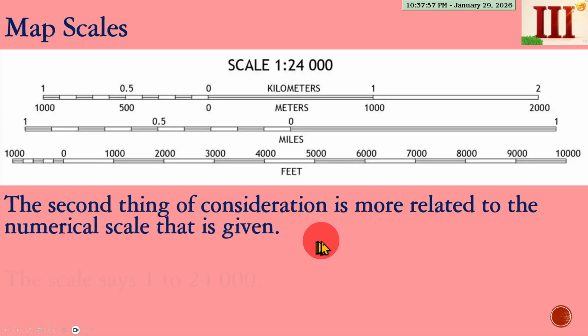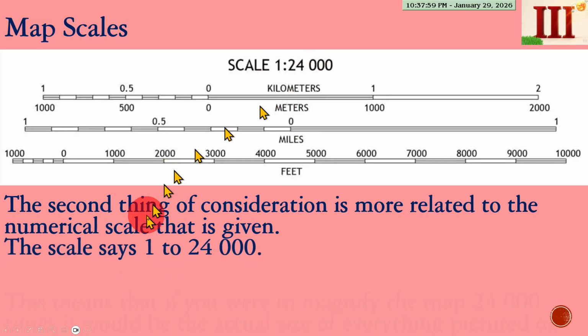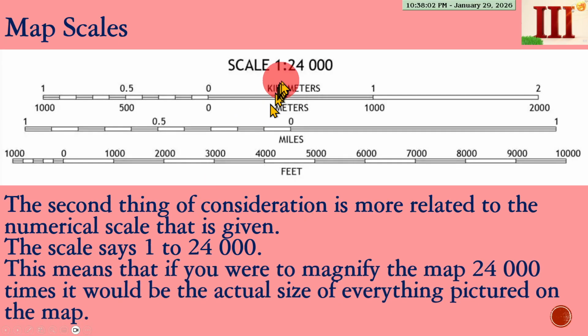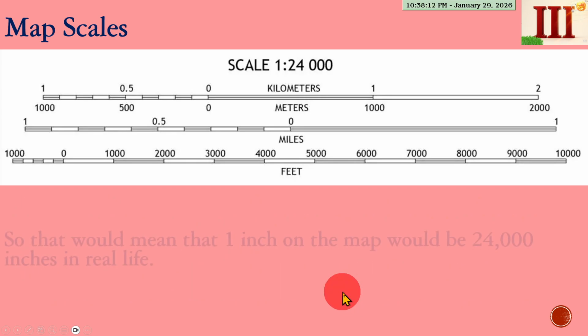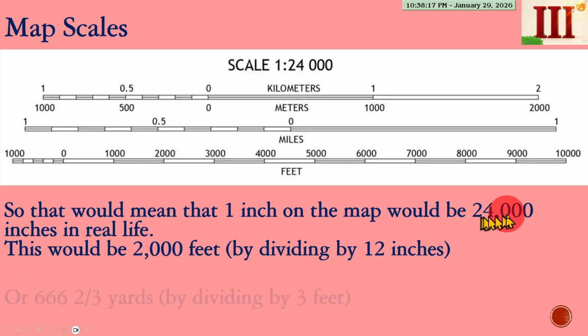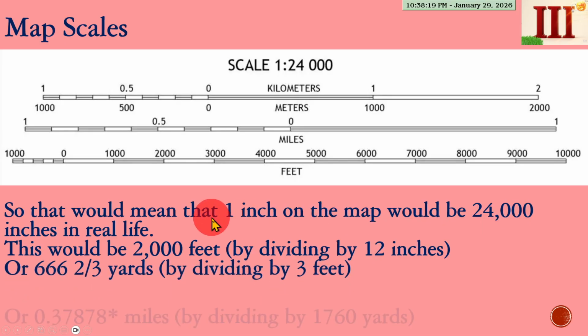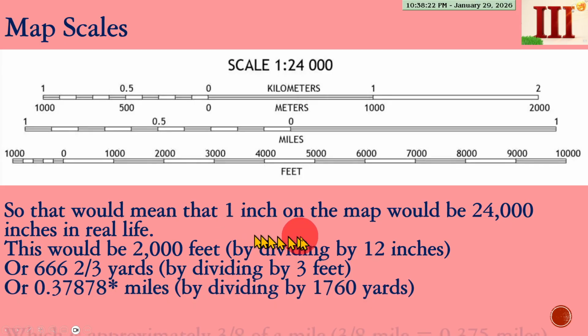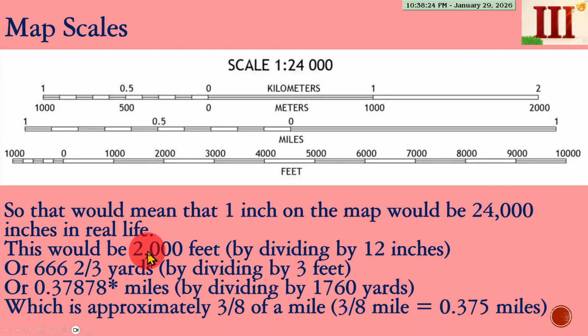So the second thing we want to look at is the numerical scale. This scale says 1 to 24,000. This means if you were to magnify the map 24,000 times, that would be the actual size. So that means that 1 inch on the map would be 24,000 inches in real life. If you divide this by 12 inches, you get 2,000 feet, dividing that by 3, 666 and 2/3 yards.